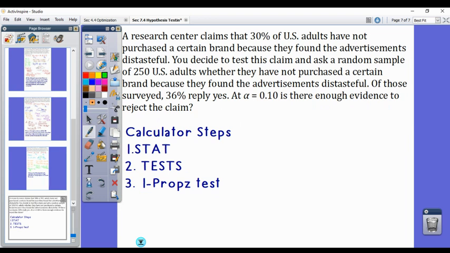Okay, so you still need to start by writing your claim. So a research center claims that 30% of US adults have not purchased a certain brand because they found the advertisements distasteful. Okay, so in this case, we are going to say P is equal to 0.30. So this is my claim.